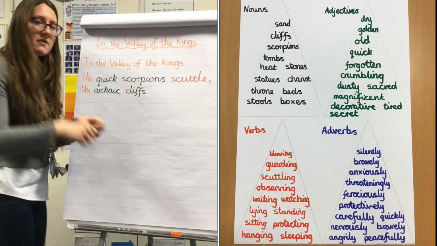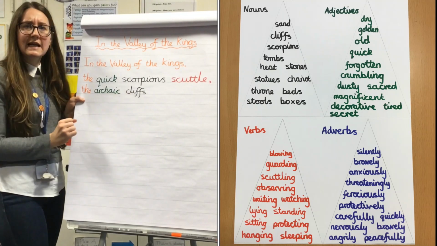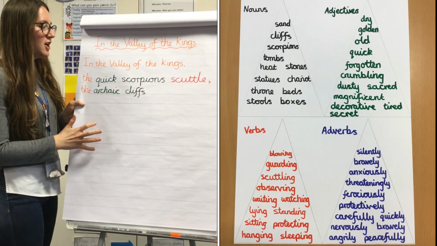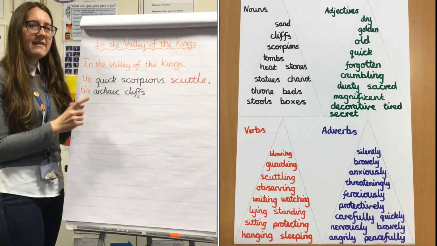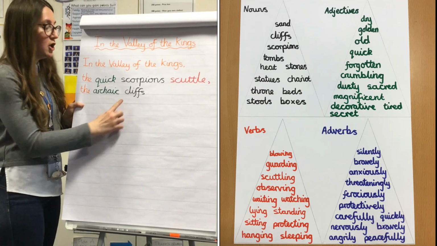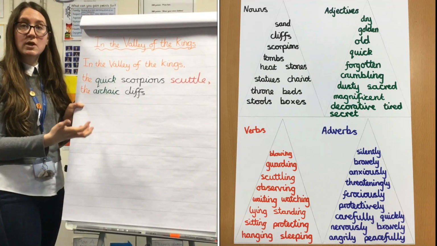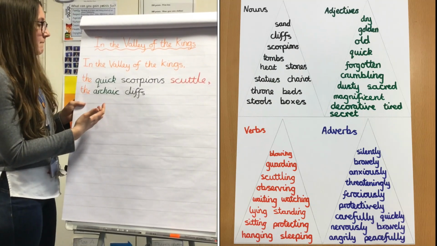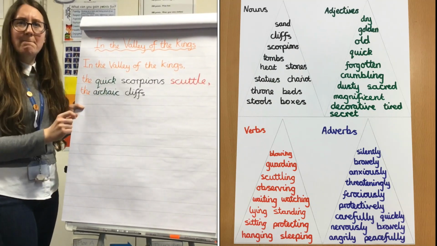and then I want a verb to describe what those cliffs are doing. Well, cliffs don't really do anything, so I could have watch, and then that is using personification that I spoke about earlier. It's giving something non-human, the cliffs, a human quality, because cliffs can't really watch anything. So I could have watch, but I think there's a better word.